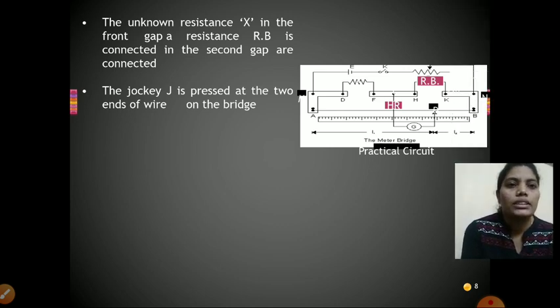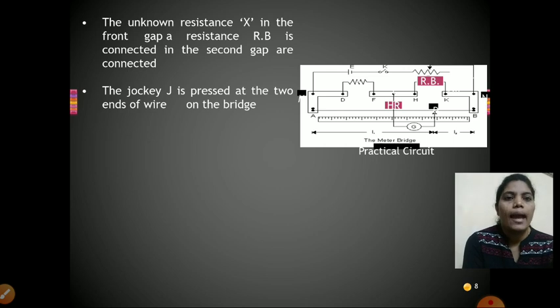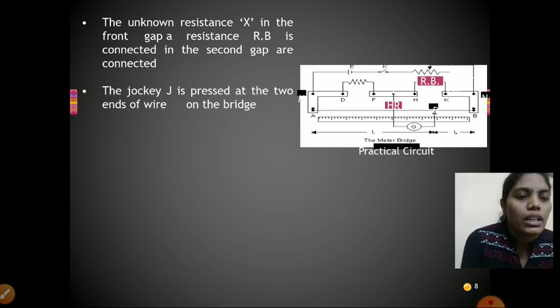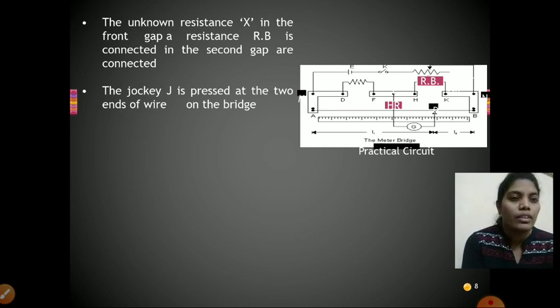The unknown resistance X is connected in the first gap, and a resistance box is connected in the second gap. You can see in the picture that the first gap is indicated with DF. At this gap we place the unknown resistance X, and at the second gap, that is at HK, we connect a resistance box.